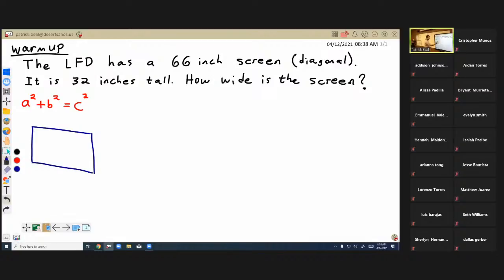So this is the LFD here. We have a diagonal of 66 and a height of 32. So if you need a little help when we're looking for the width, a picture might help a little bit in getting started.